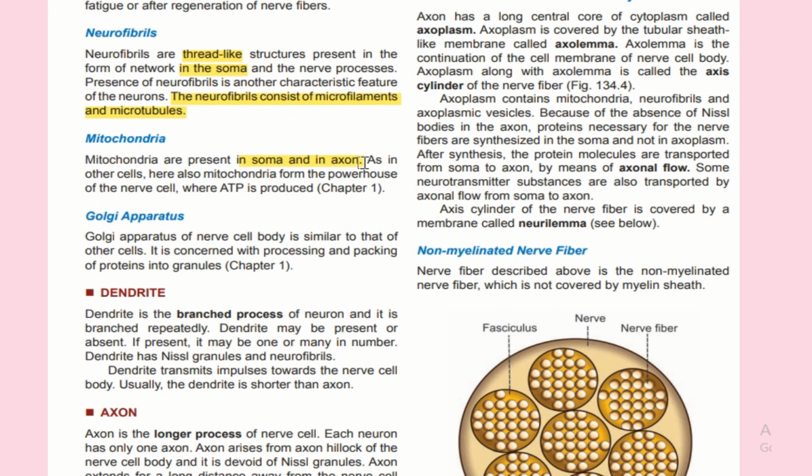As in other cells, mitochondria form the powerhouse of the nerve cell where ATP is produced. The Golgi apparatus of the nerve cell body is similar to that of other cells. It is concerned with processing and packing of the proteins into granules.